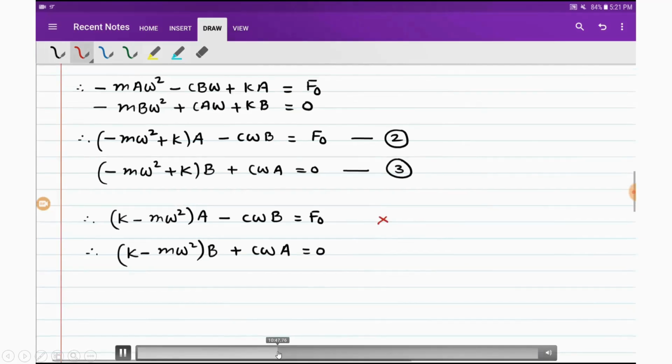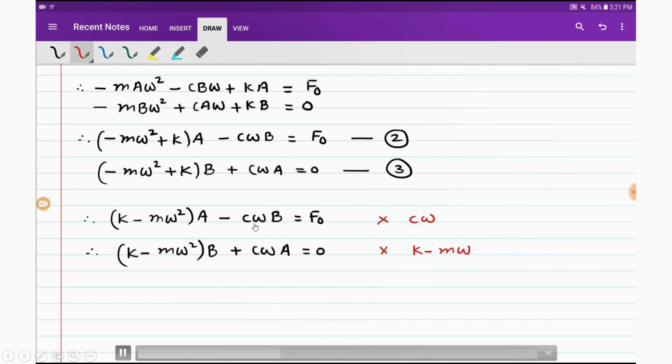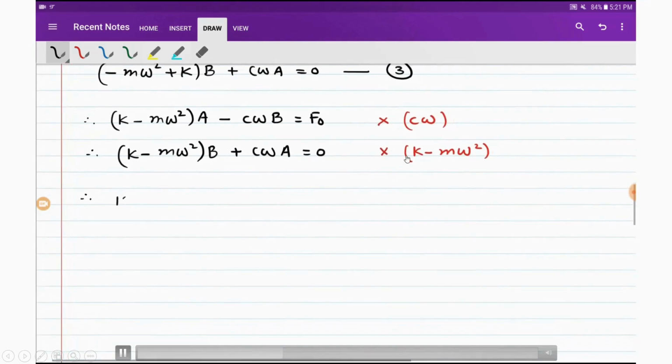Now we have to solve these equations simultaneously. You can see c omega is the coefficient of a over here, so we can multiply this particular equation by c omega. Then k minus m omega square is the coefficient of b, so we multiply the other equation by k minus m omega square.